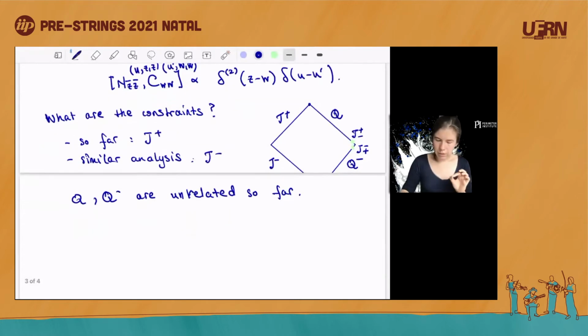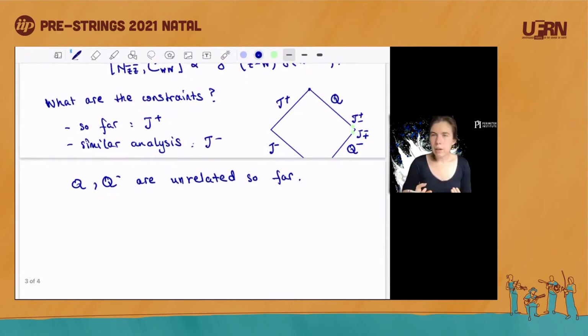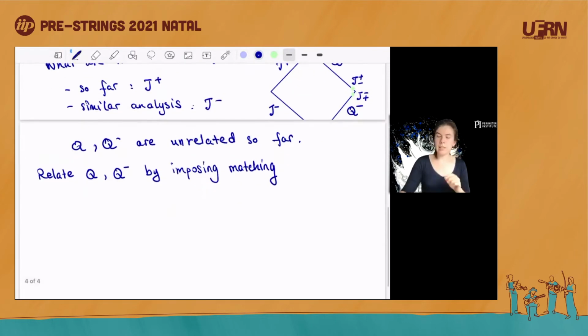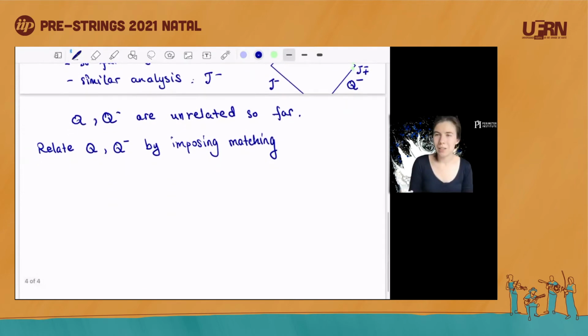And here comes a very important point, which is that one can restrict to a diagonal subgroup of this BMS plus BMS minus symmetry by imposing a matching condition. The matching condition essentially equates these two charges.